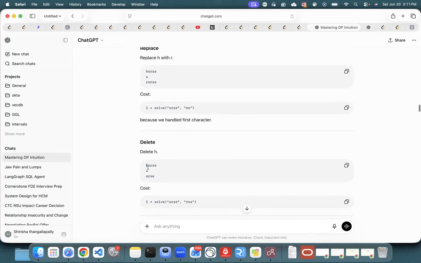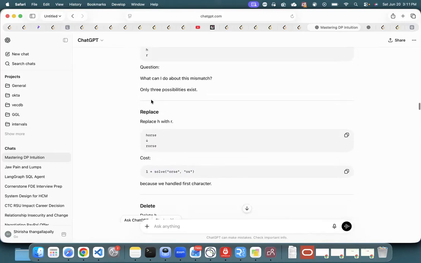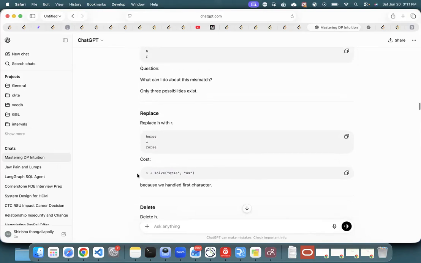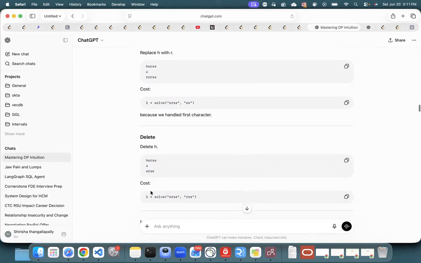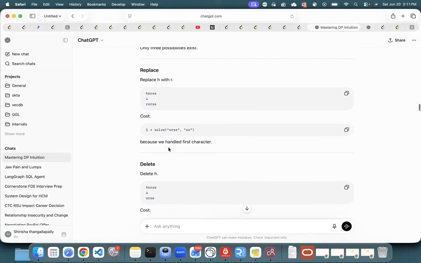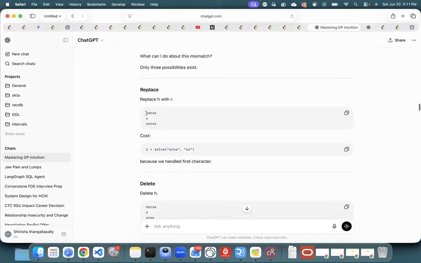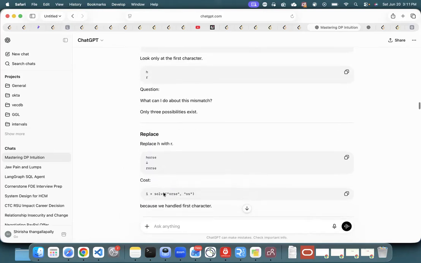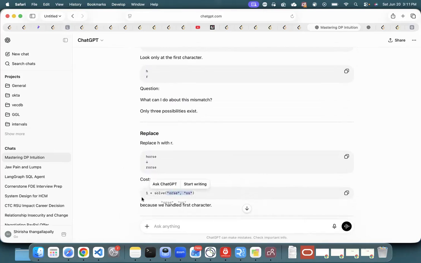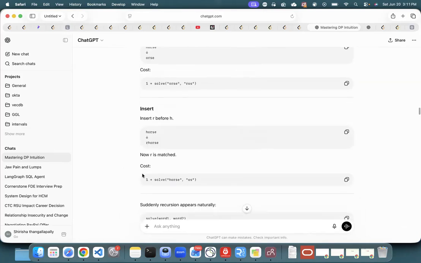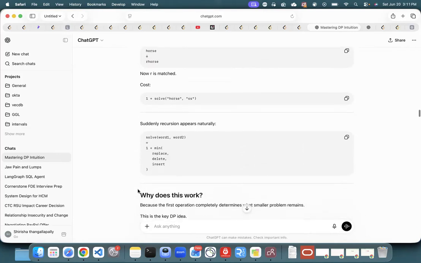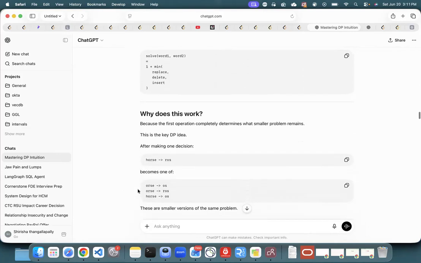Again with delete, H and R: if I delete H, I still have to solve R, but there is no H. And replace is something, just replace H with R and solve for the remaining ones, which is OR, SE, and OS. So these are the conditions, but how does this represent a DP?